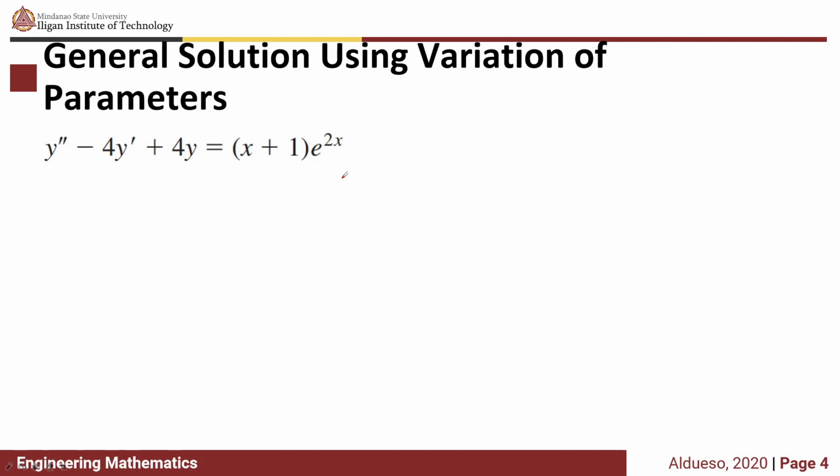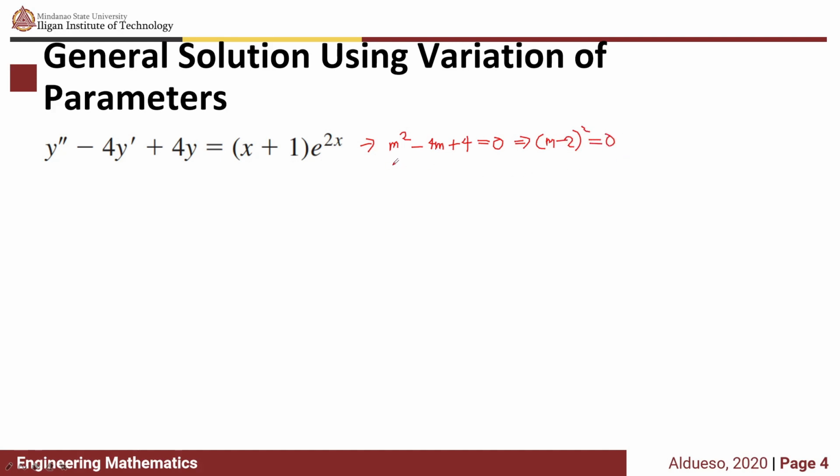So for example, find the general solution of this differential equation using variation of parameters. This equation has an auxiliary equation m squared minus 4m plus 4 equal to 0, or (m minus 2) squared equal to 0.